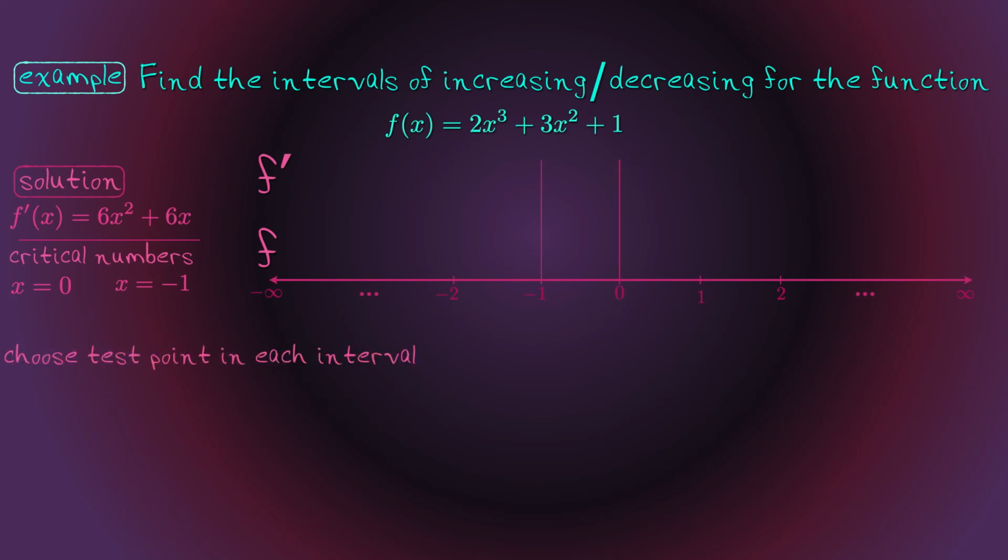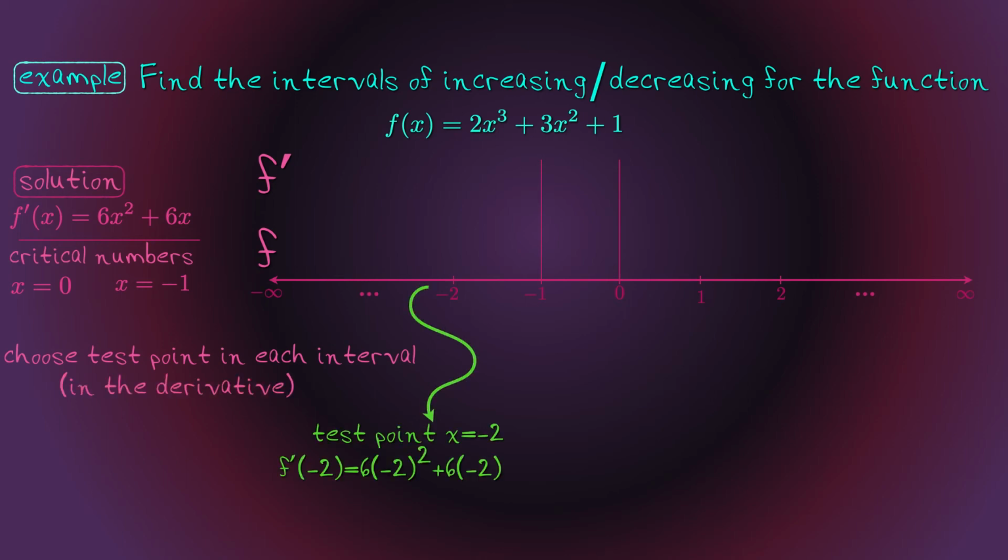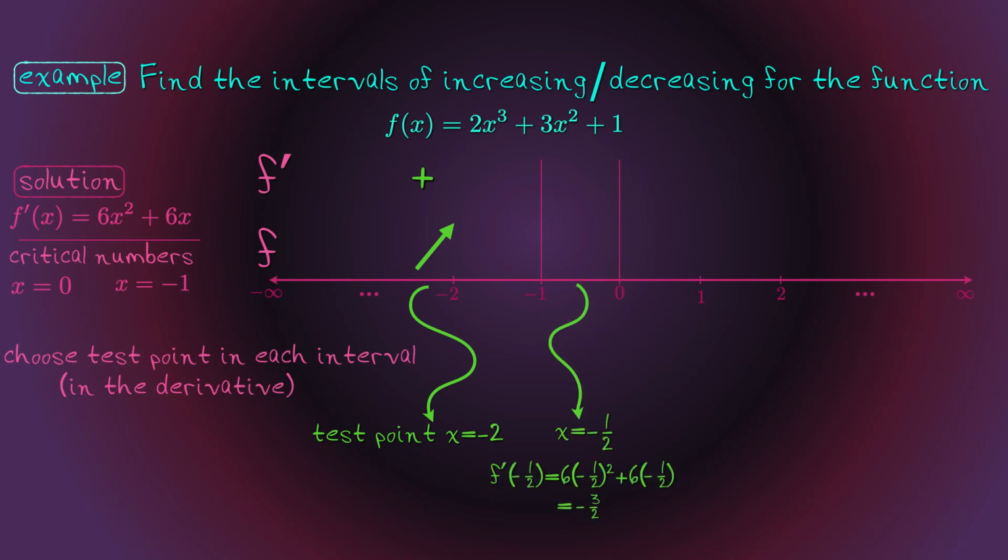So our first test point here, in negative infinity to negative 1, we could choose x equals negative 2. So we get a positive value. If we get a positive value for f prime, that tells us f is increasing. Next, for the next interval, negative 1 to 0, we'll choose x equals negative 1/2, which is negative.